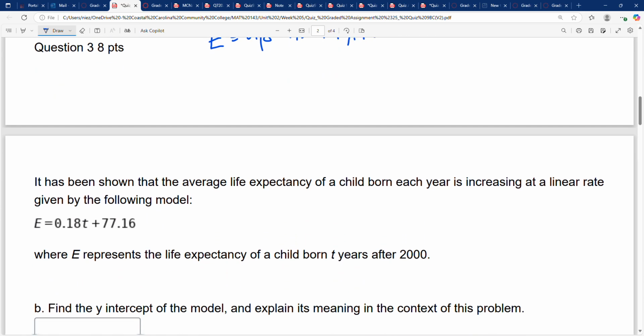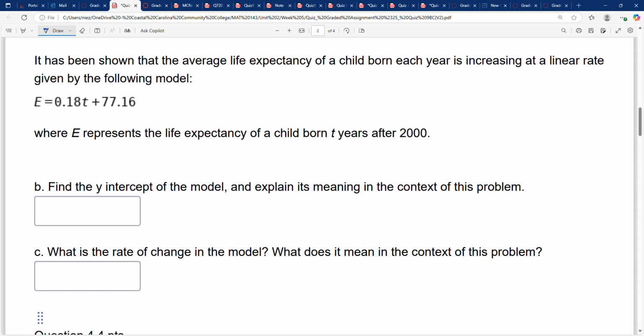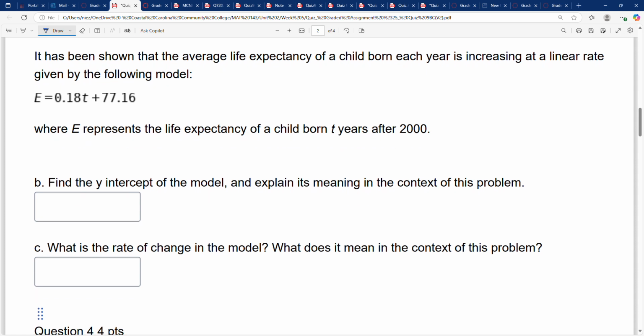Alright, let's see question 3, B and C. What do we ask? The same model. B: find the y-intercept of the model and explain its meaning in the context of the problem. So the y-intercept is 77.16, but don't forget to explain the meaning.